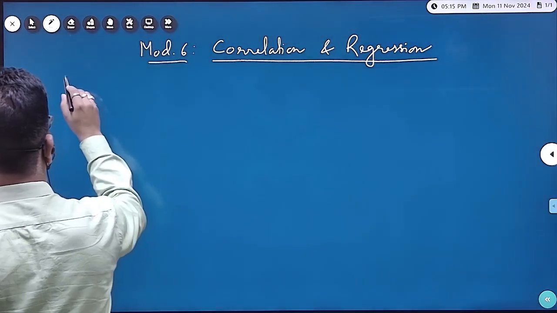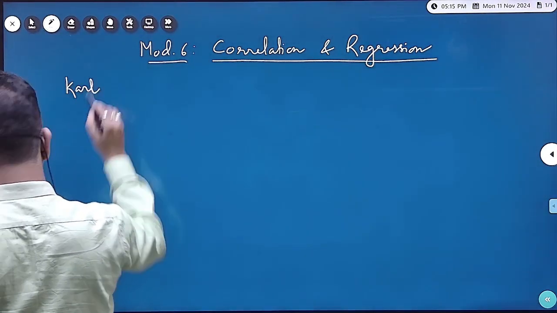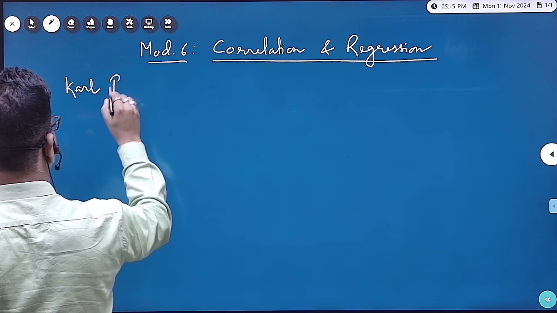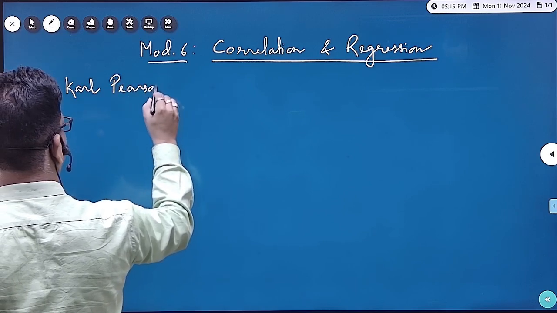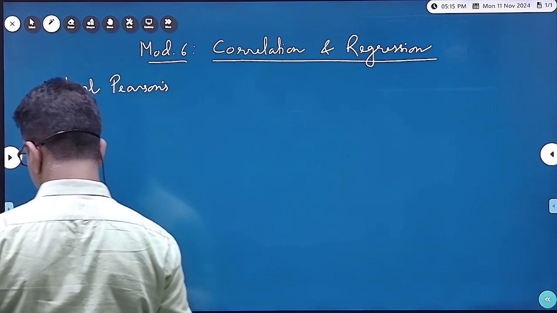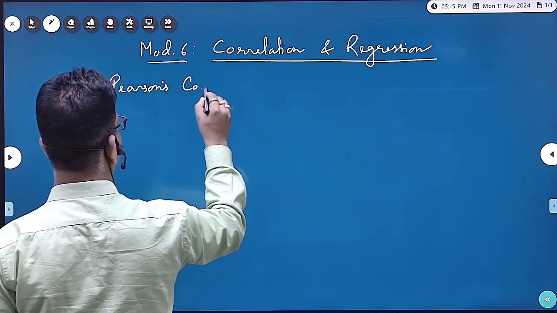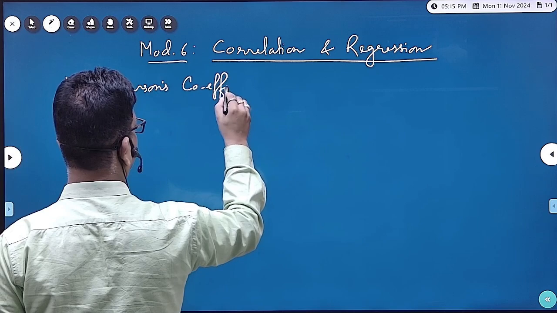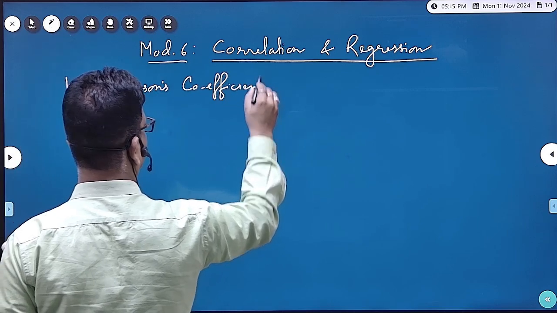Karl Pearson's coefficient of correlation.